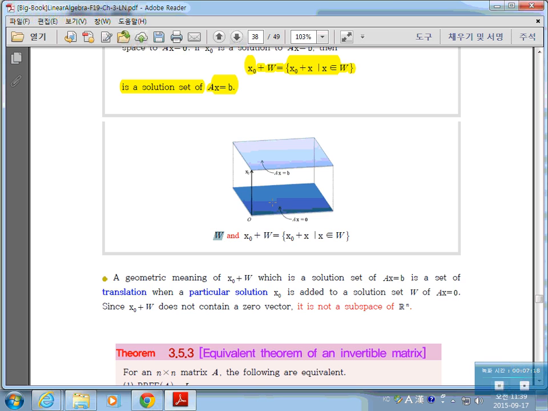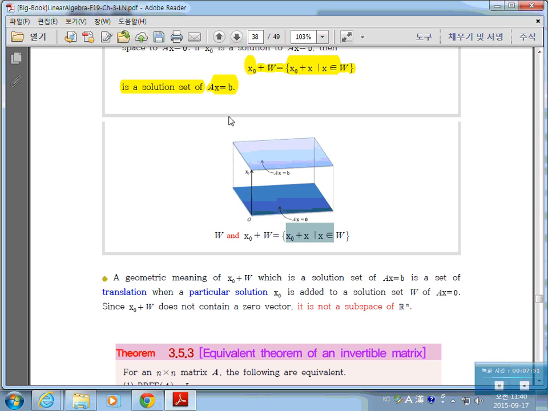So this W is a subspace because it has the 0, the origin, in it. If you add X0 plus W, then this set is a kind of translation from here to here. This is a solution for AX equals 0, and this is a solution set for AX equals B, because any vector in here satisfies this non-homogeneous system.